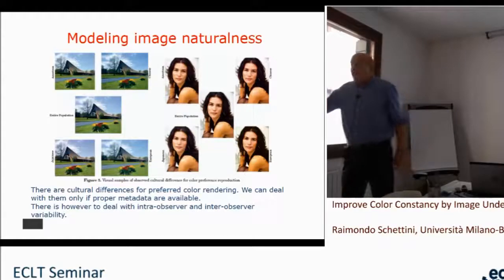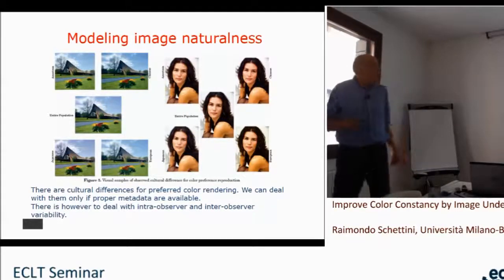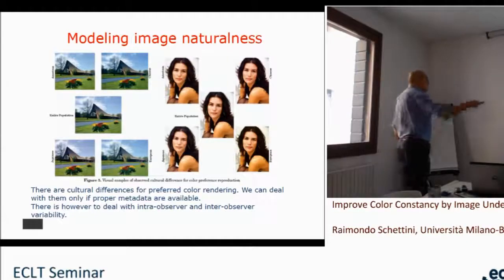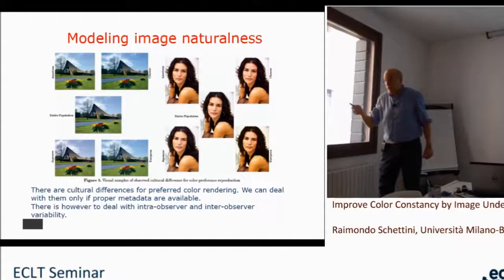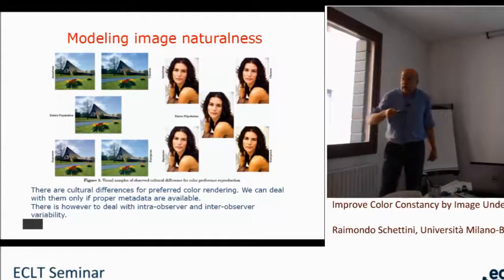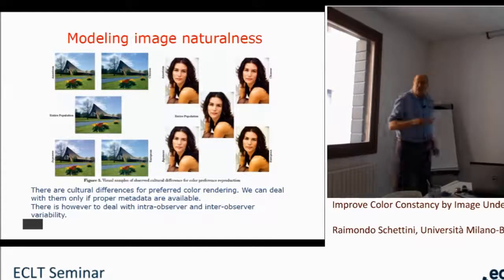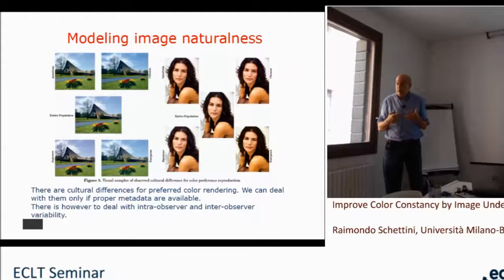Different cultures have different preferences about color. So, for Japanese people, skin should be pale. For Italian people, skin should be tan. For Japanese people, the sky is bluer, no?